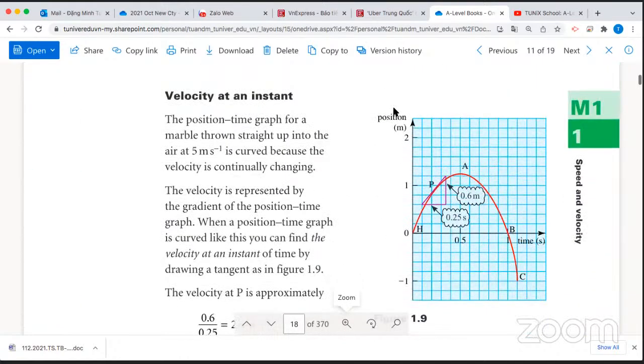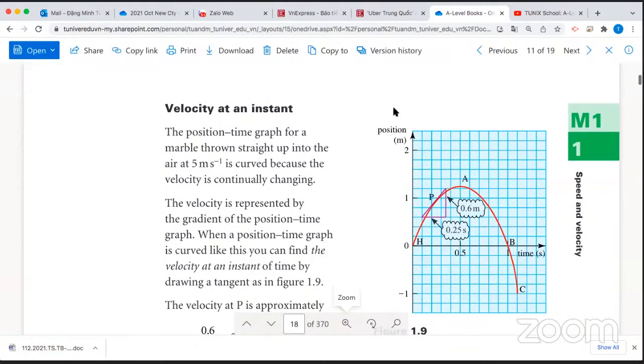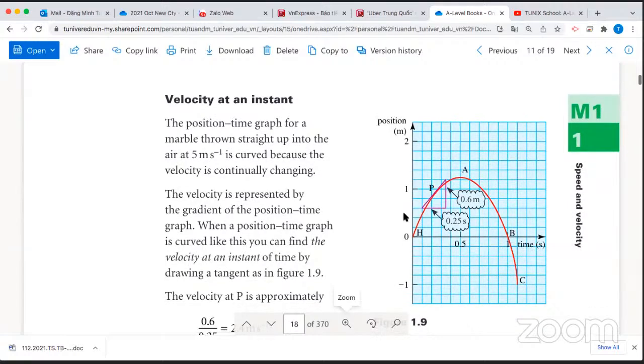Now look at this one. We have the concept of velocity at an instant. An instant means at once, immediately, right? If you see the graph of the motion, the trajectory, at any point, that means at any time, you can see the position. The tangent at that point will give you the gradient of the graph.